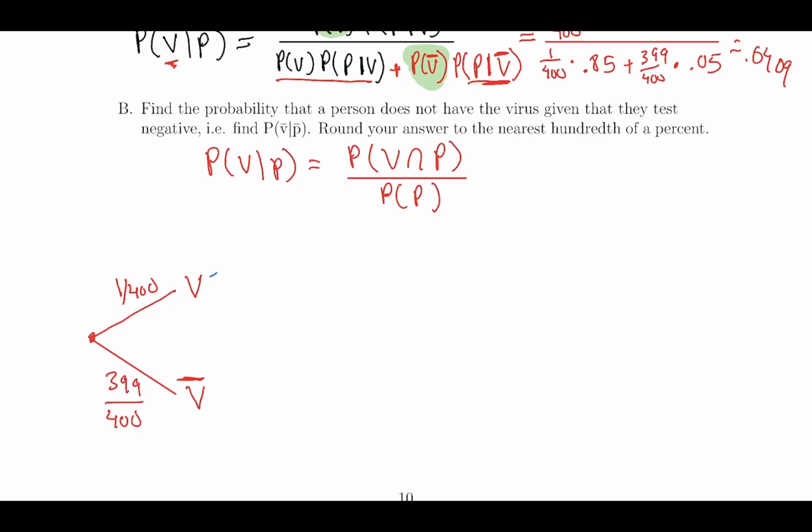Then the next thing you want to do, you're going to extend another branch. This branch is going to represent what you get on your test. You can either test positive or you could test negative, which we're going to mark with a bar.